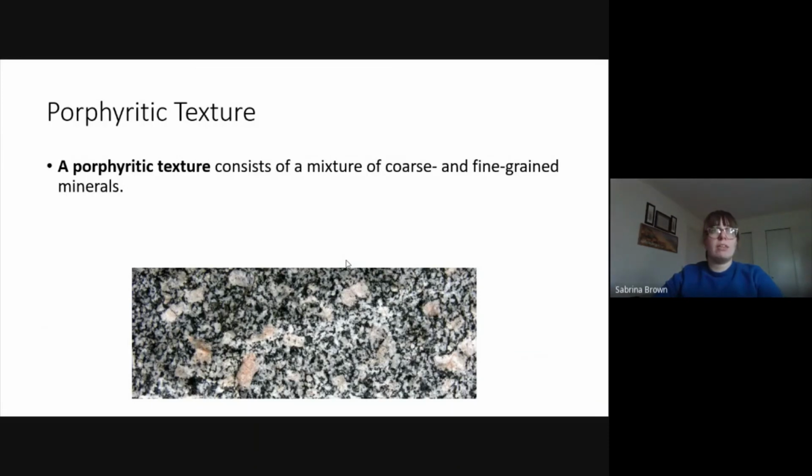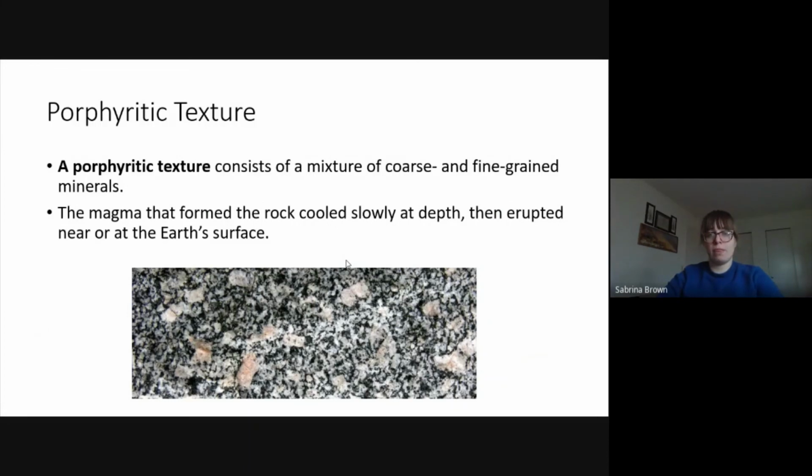They solidified, and then maybe this magma was erupted and the rest of the rock cooled very quickly. So you have both big crystals and small crystals. This is complex: the rock started to cool slowly and then erupted and finished cooling.